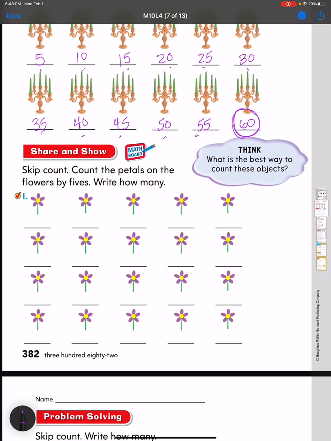So number 1 tells us skip count. Count the petals on the flowers by fives. Write how many. Each flower has 5 petals. Instead of counting these all by ones, 1, 2, 3, 4, 5, 6, 7, 8, 9, 10, I can count by fives. I would start with the number 5 and then 10.